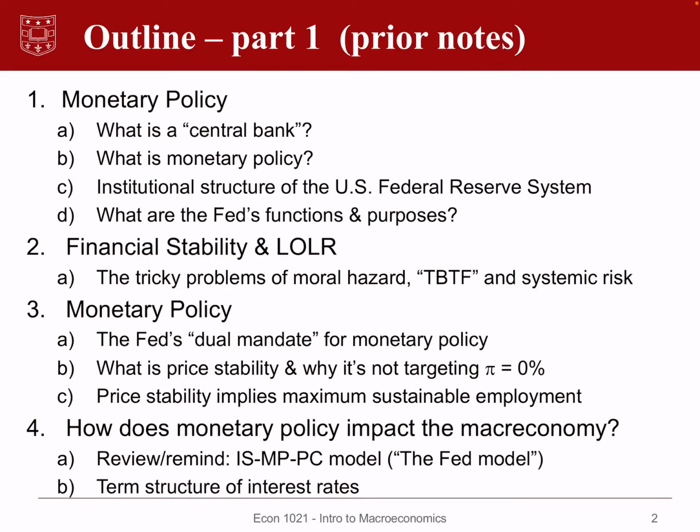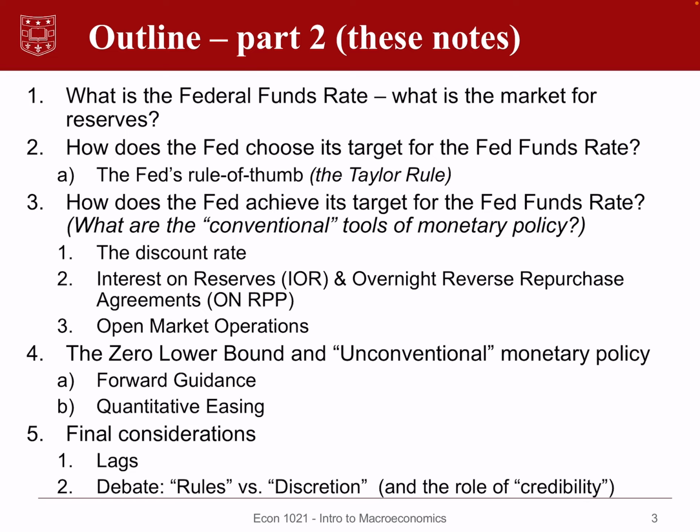What we're going to do at this point is to inch closer to completing our discussion of monetary policy by defining what we mean by a Fed funds rate and thinking about how the Fed chooses its target for the Fed funds rate. So this comprises what we're going to be doing in these notes. The rest, items 3, 4, and 5, are going to be in the next week.